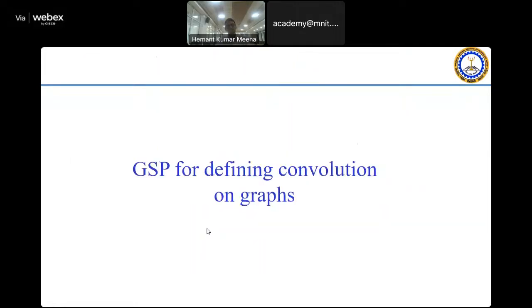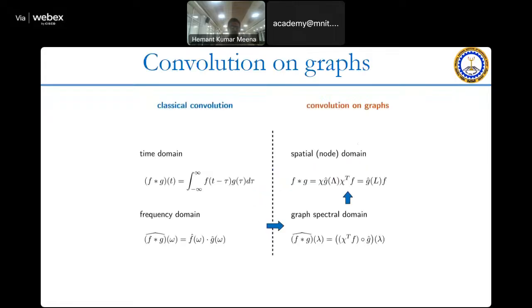GSP for defining convolution on the graph. See, remember, convolution is a simple operation, but how will it take place when we define the convolution on a graph? Classical convolution is f(t minus tau).